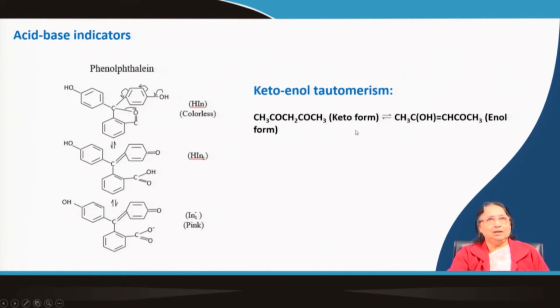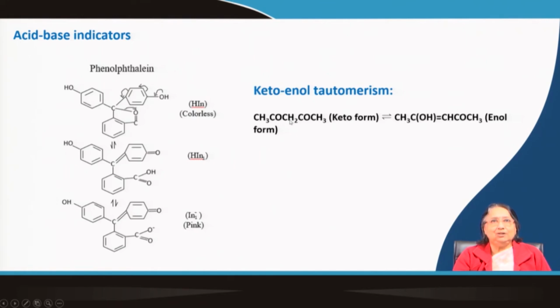So what is happening here? If we look carefully, we will see that one hydrogen from here is coming to this oxygen, and that is why the double bond is formed. So, here you can see that instead of CH2 it has become CH, and instead of O it has become OH.